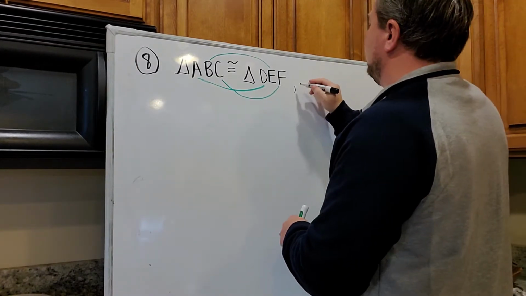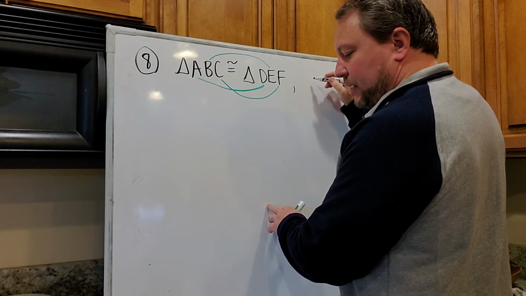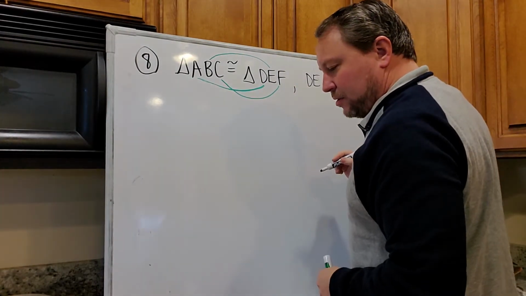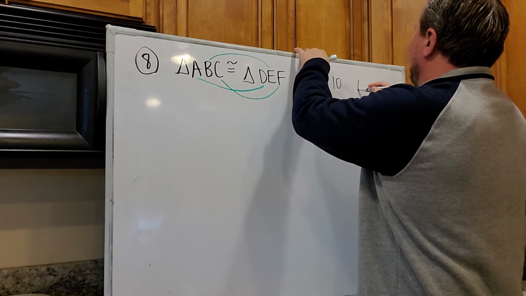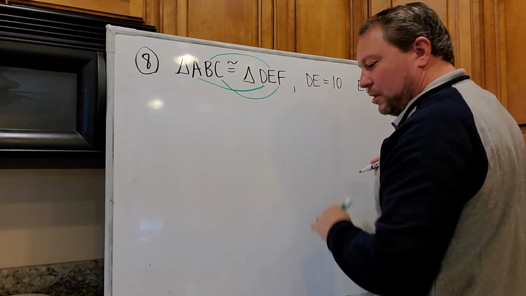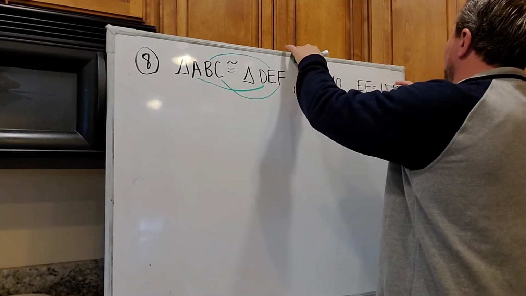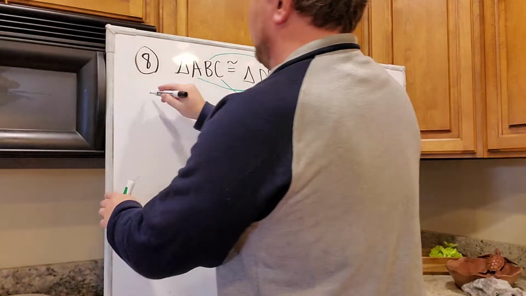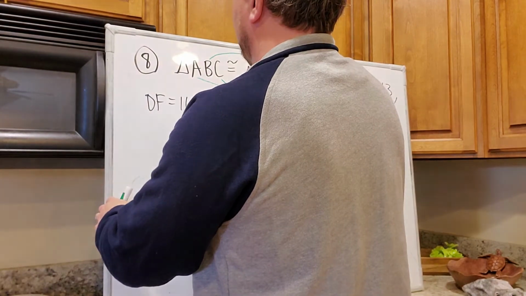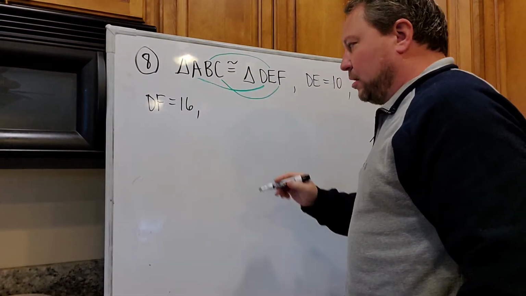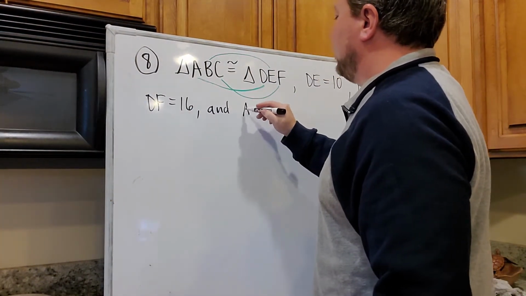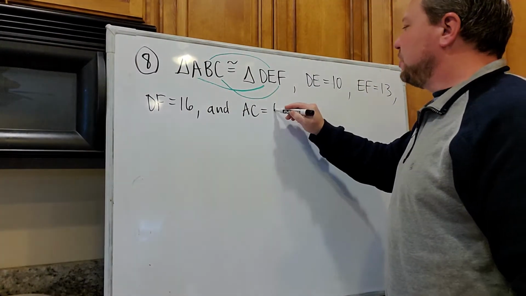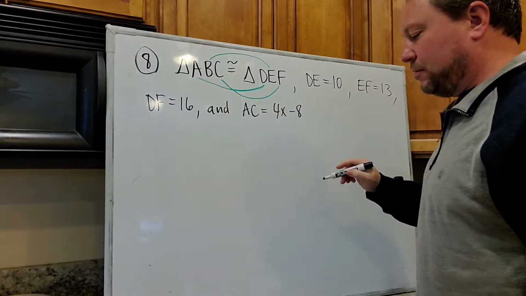Okay, but then they also go on this one to give you some side lengths. They tell you that DE is equal to 10, EF is equal to 13, DF is equal to 16, and finally side AC is equal to 4x minus 8.